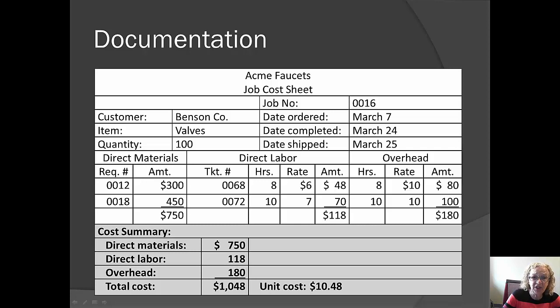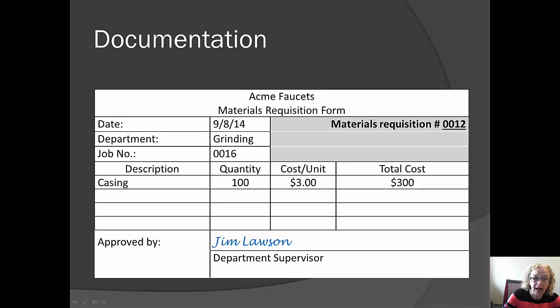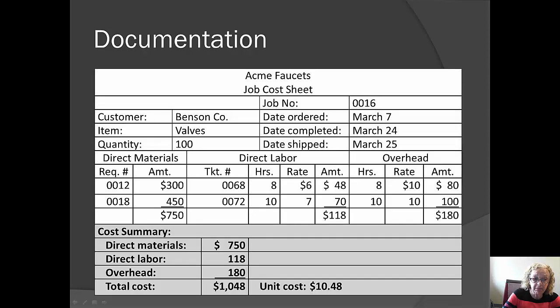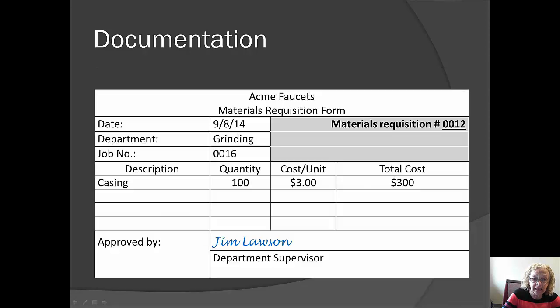So, where did the numbers on this job cost sheet come from? Well, the materials cost came from materials requisition forms, and the materials requisition number needs to match a materials amount that's shown on the job cost sheet so that we can see what kind of material was used and how much it costs, and these costs need to match.